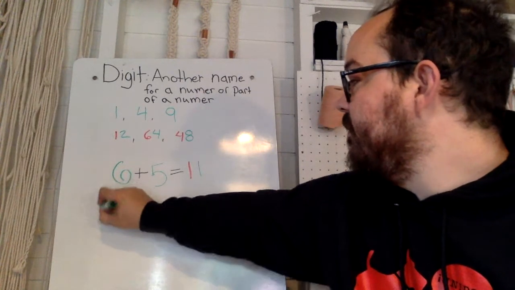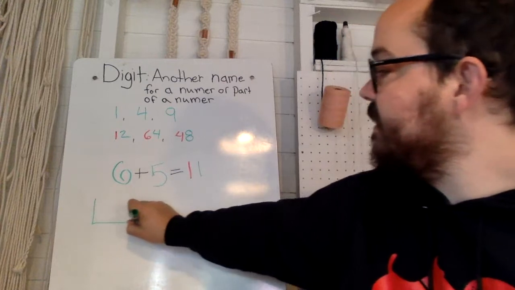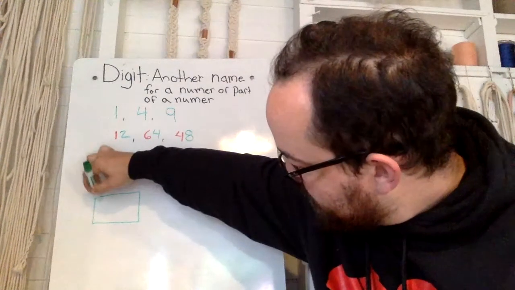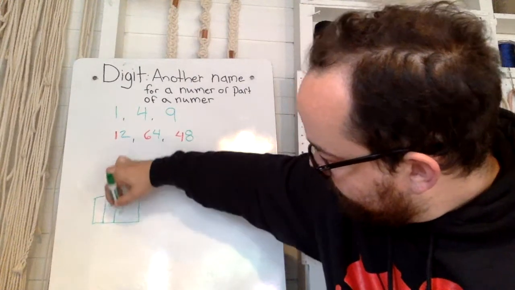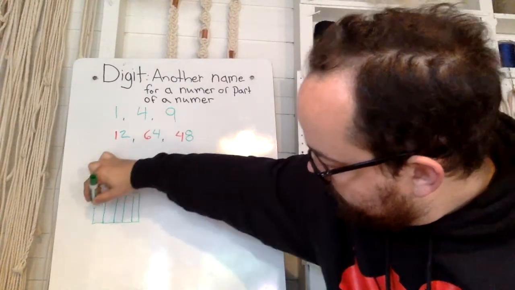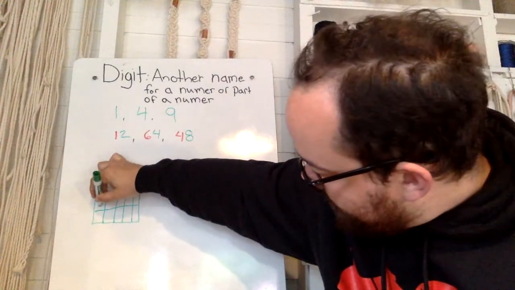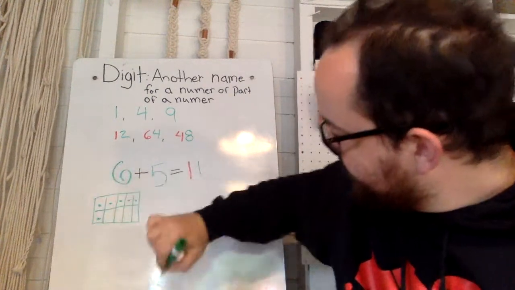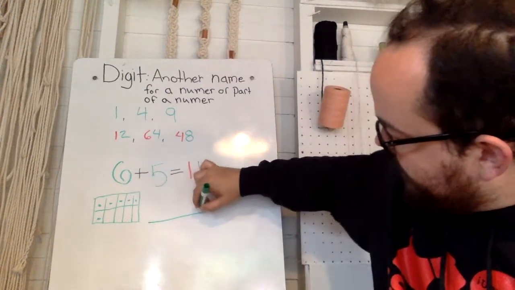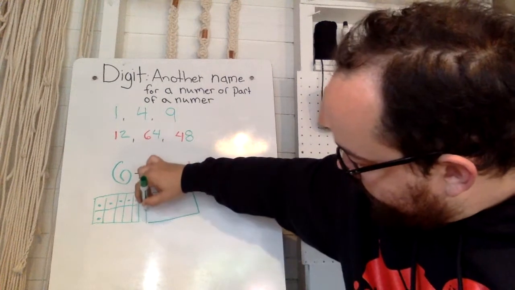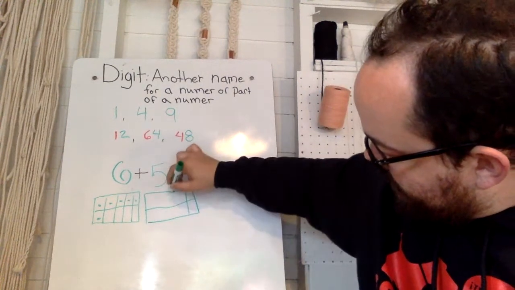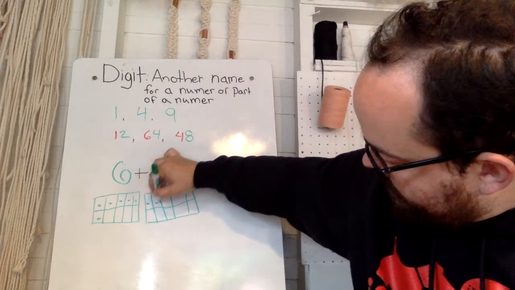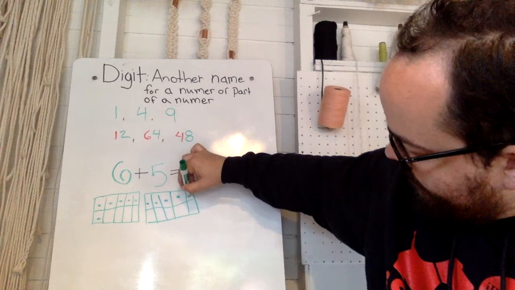So if I were to draw my 10 frame for 6, I've got 1, 2, 3, 4, 5, 6. And I've got my 10 frame for 5. I know that it's just 1, 2, 3, 4, 5.